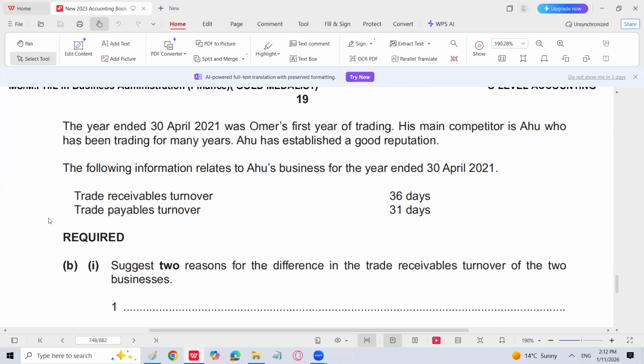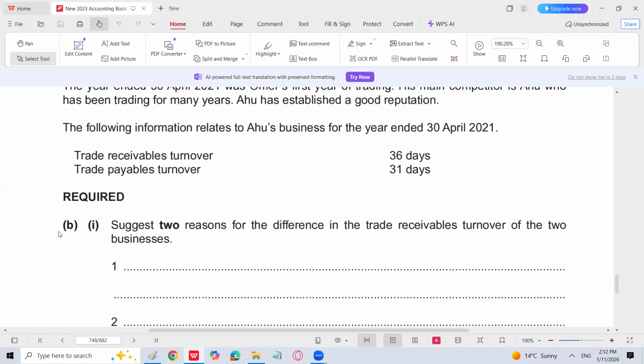It was 22 days and 24 days for us. 22 days for trade payable turnover ratio, and for Ahu it is 31 days. So he is making the payment 9 days after us. Same is the case with receivables: we are collecting the amount in 24 days, but Ahu is collecting it in 36 days.